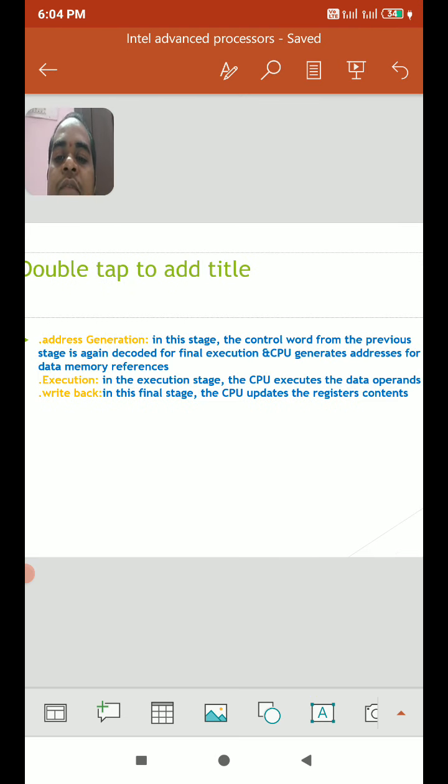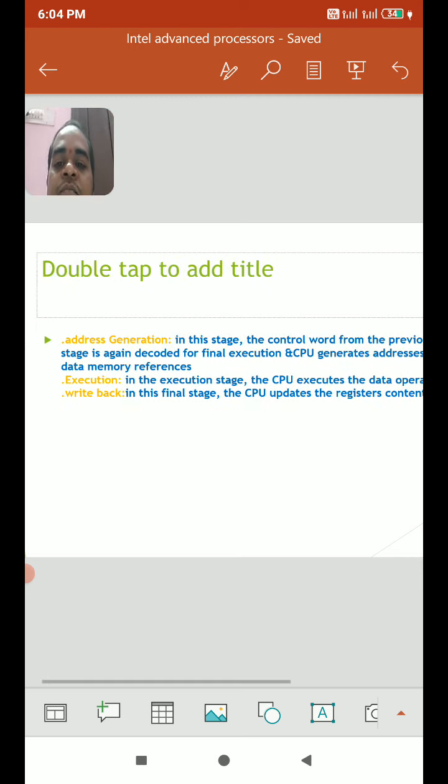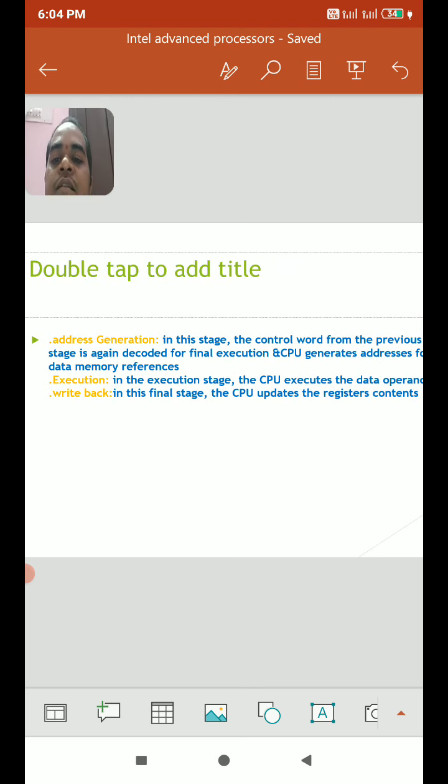Already we know that fetching means taking the instructions from the other processors or from the input devices. In decoding, the fetched instructions are decoded one by one, that means reading the data present in that instruction, opcodes and operands. After decoding, we have the execution, performing the operations specified in the instruction based on the opcodes.